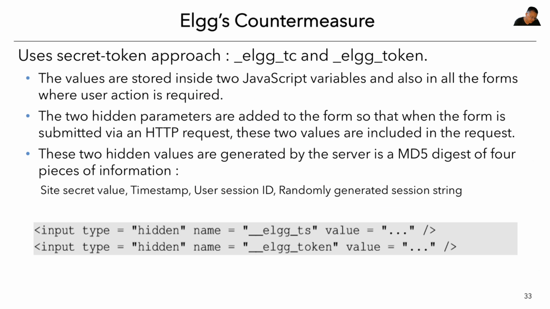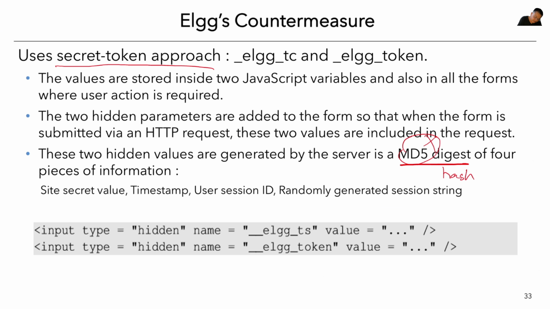In the ELGG's countermeasure, it actually uses the secret token approach. The secret token is an MD5 hash. You should not use MD5 nowadays; you should use a more secure hash function. But at that time, it was MD5.